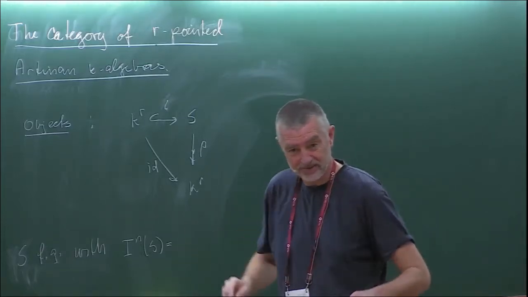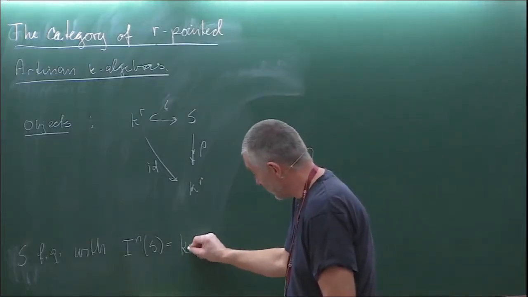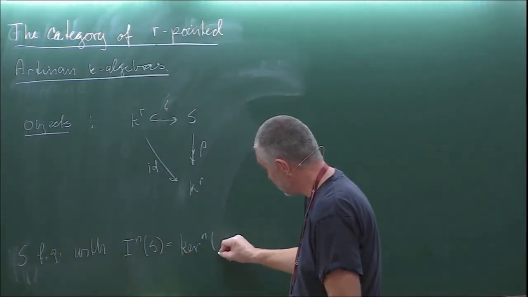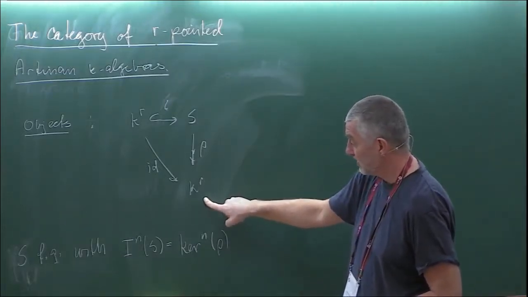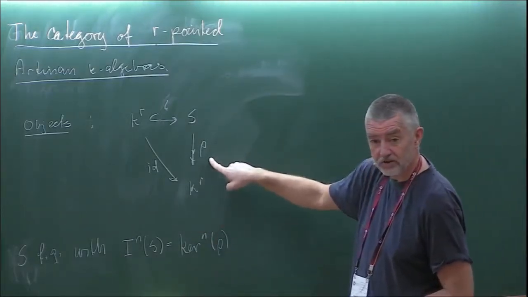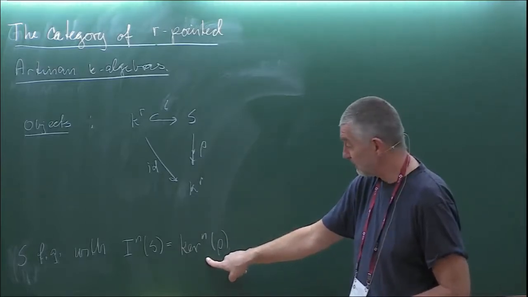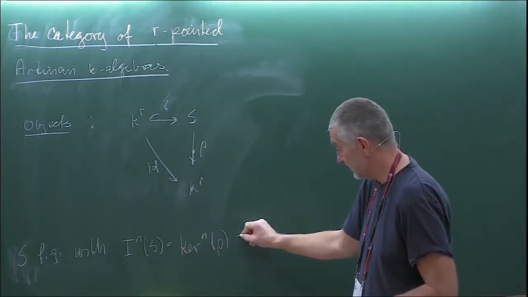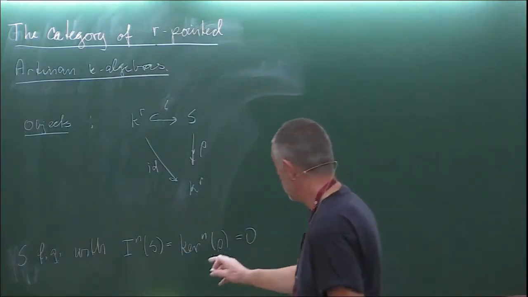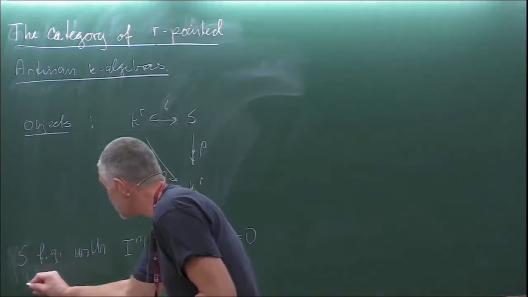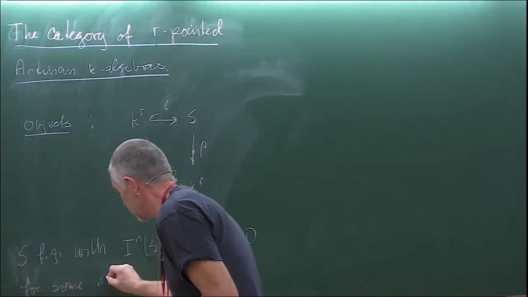So there are some circles there, but doesn't matter. So this is the kernel to the nth of this rho. So I define the radical as the kernel of this rho, and then if the radical is 0, then it is in fact a radical, with this radical equal to 0 for some n greater than 0.